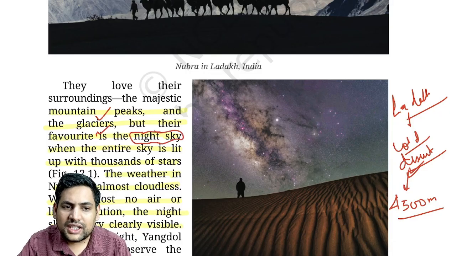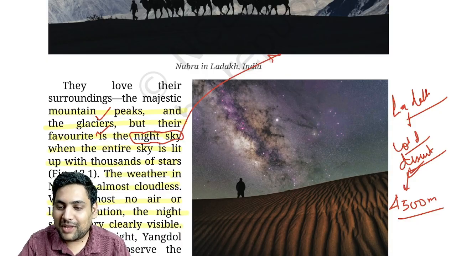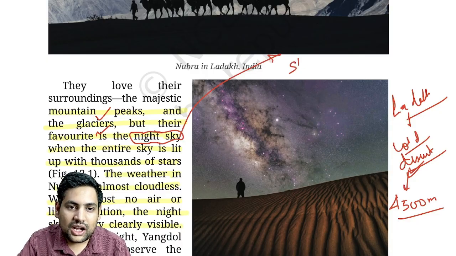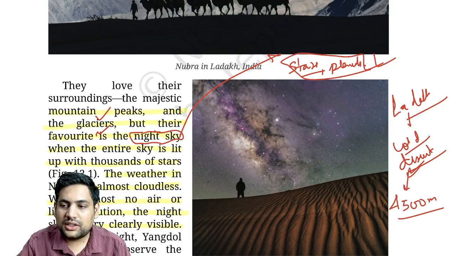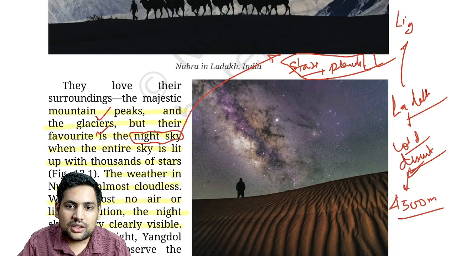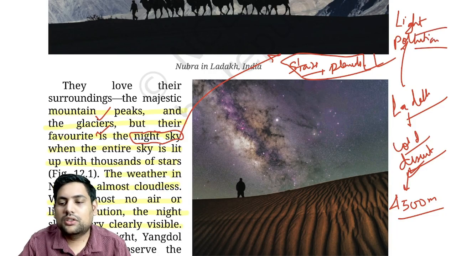What is night sky here? Night sky is something that you don't get to see in Bangalore. That is all the stars, sometimes some planets also. All these are visible at night in these places. Why not in places like Bangalore? Because there is a lot of light pollution in Bangalore.